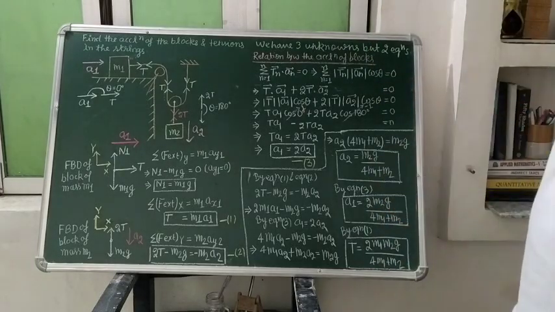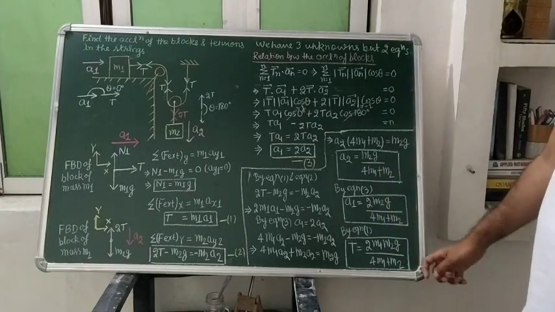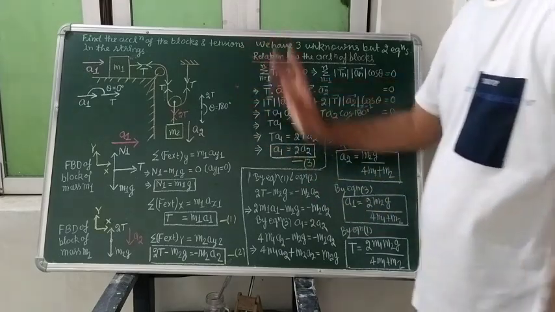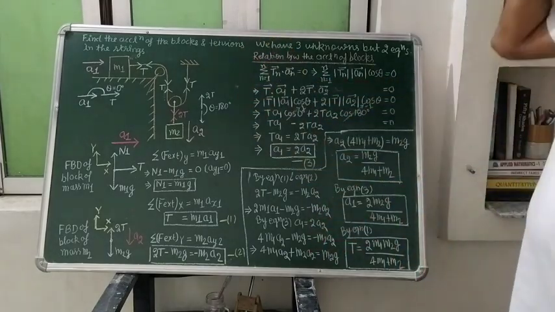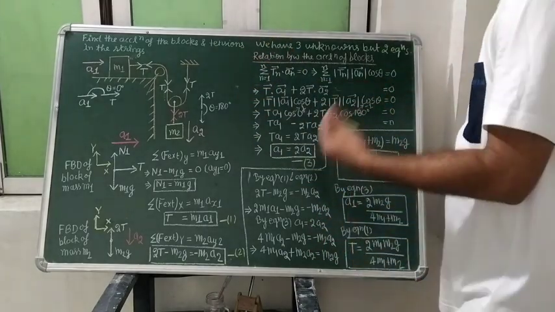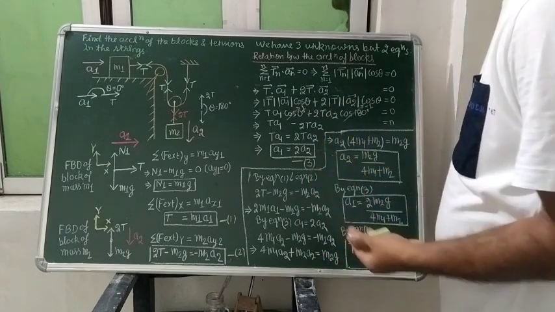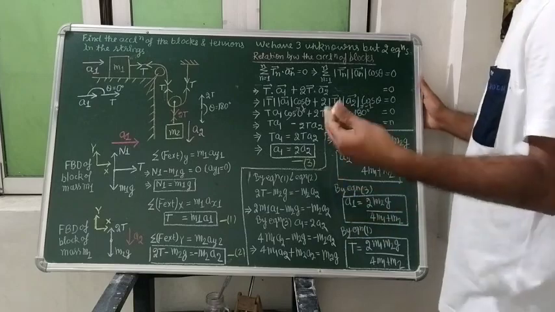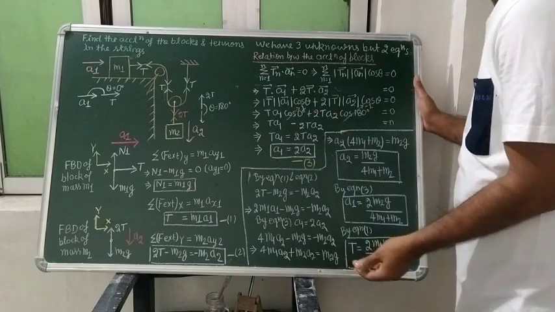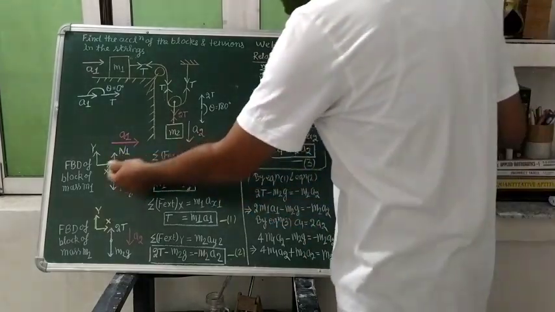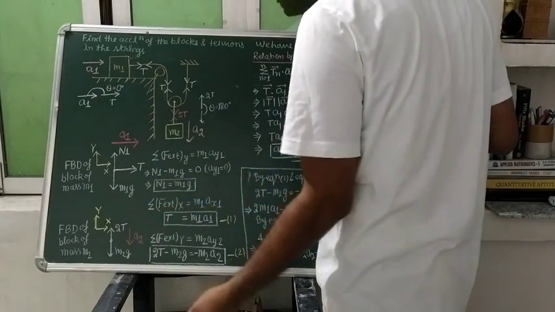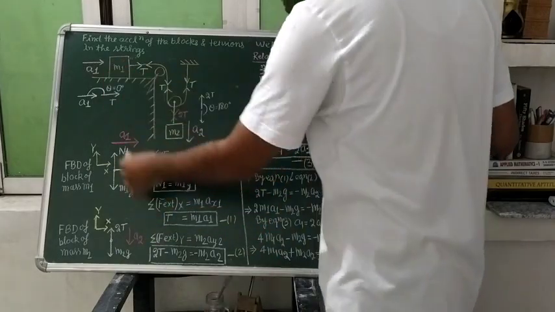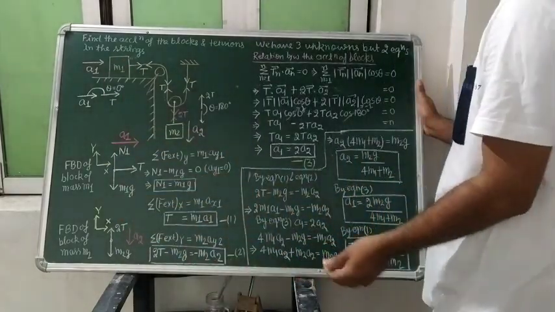You can check whether you are getting the same expressions or not by selecting that one as well. So after coming to know the tensions in the strings and assuming the accelerations, what will you do, students? You will make the free body diagram. So when we draw the free body diagram of the block of mass m1, the force due to gravity, m1g, is acting in the downward side.